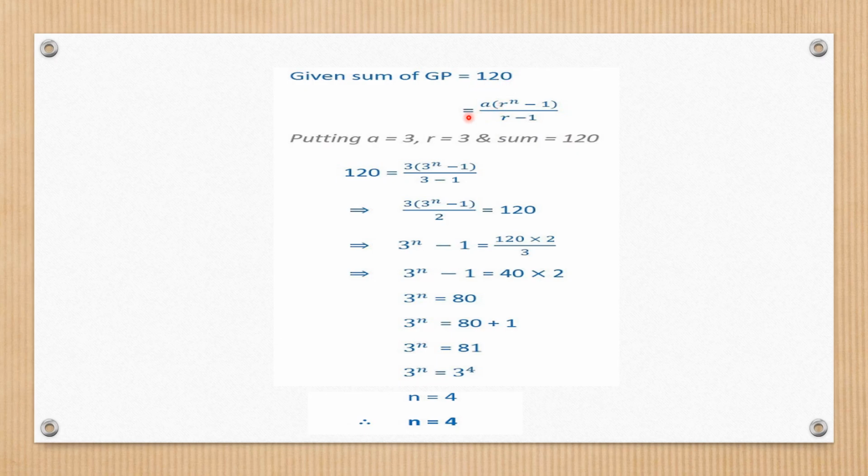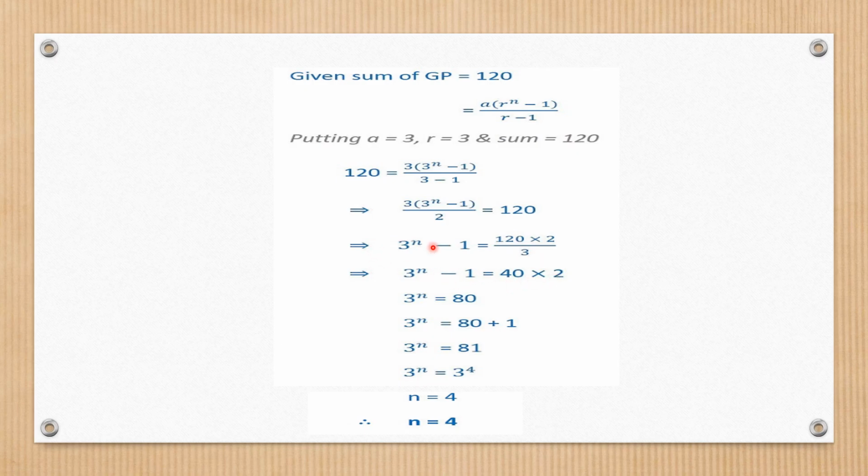So what is the formula for the sum? As r is greater than 1, I apply the formula of sum as a times (r raised to power n minus 1) divided by (r minus 1). A is 3, r is 3, sum is 120. From here, see how the calculation is done. This is divided by 2, take it to the other side, and also divide by this 3. So it will be 40 into 2, that is 80.